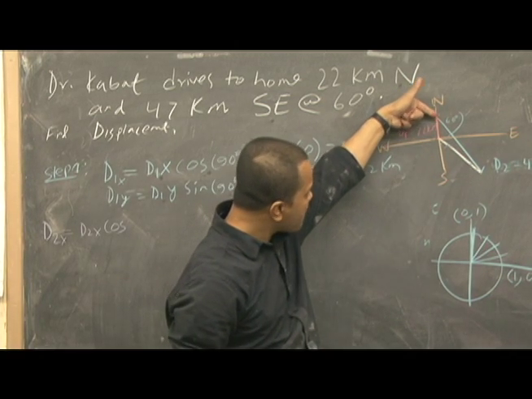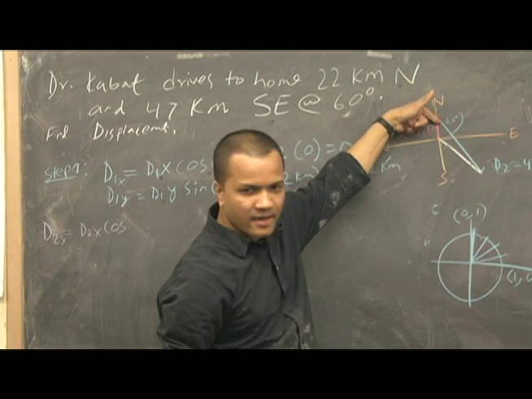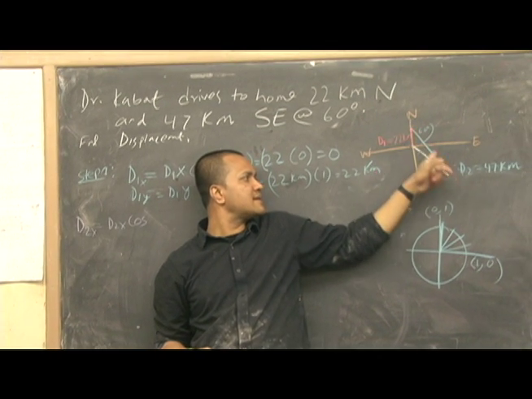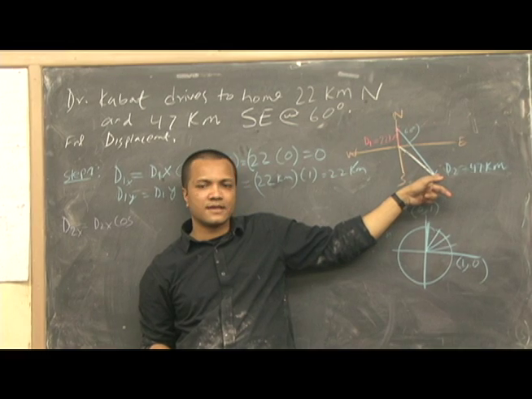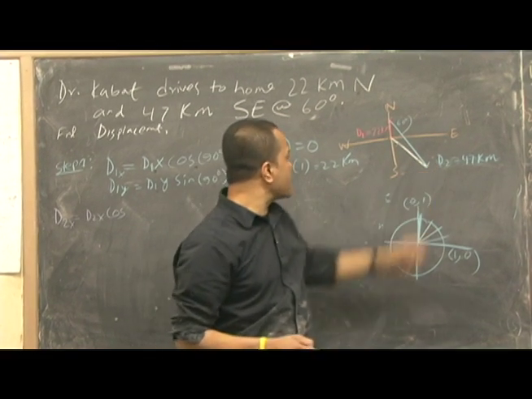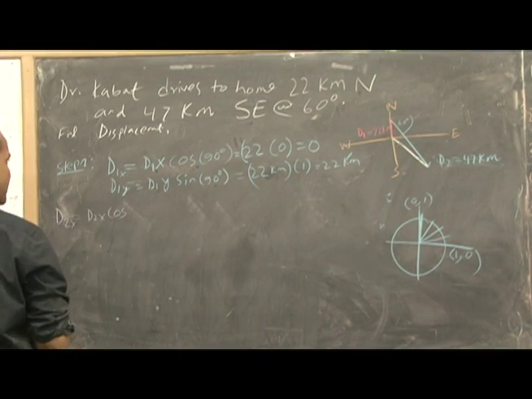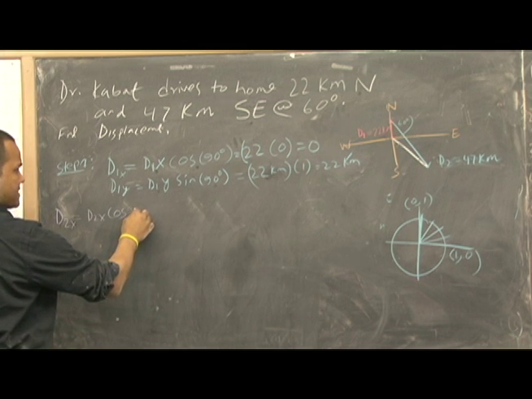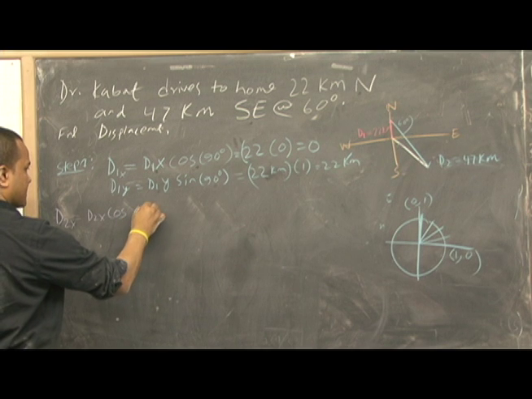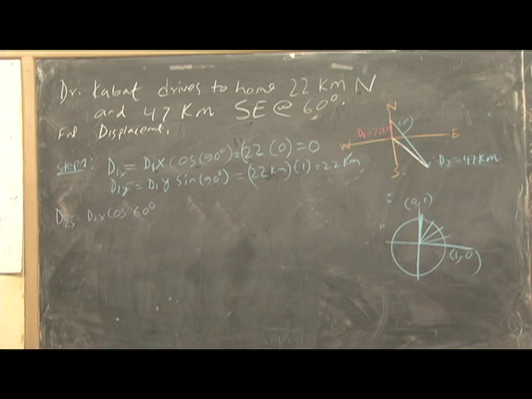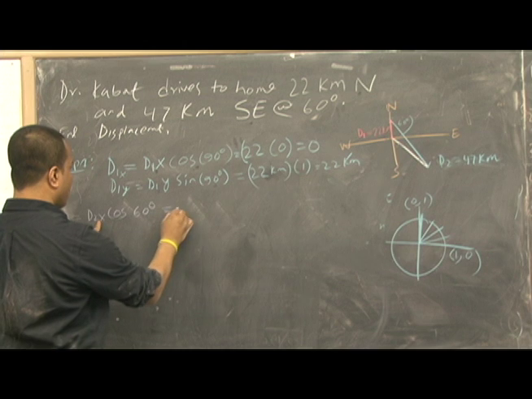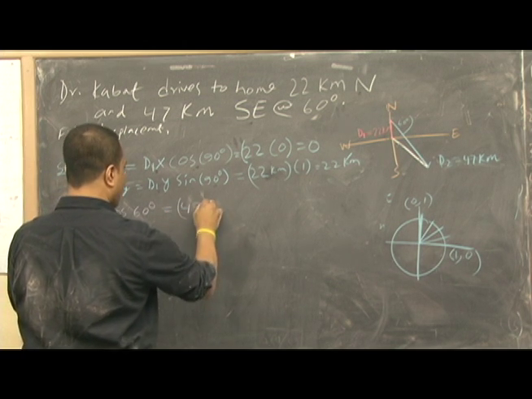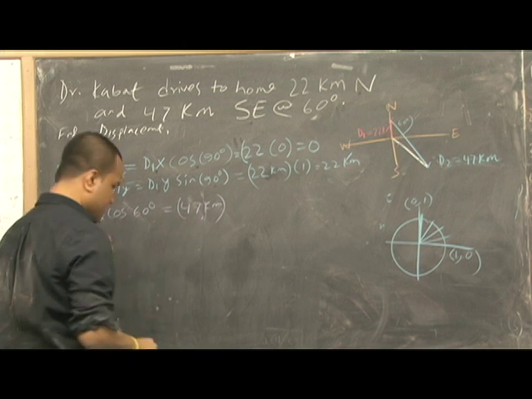He was moving toward the east and south direction. So 47 kilometer and 60 degree.